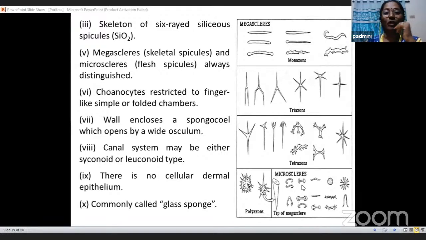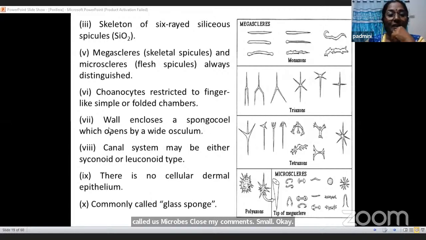Micro means small. The wall encloses a spongiocele, which opens by a wide osculum. And the canal system can be either Zygote or leuconoid type. No dermal epithelium, and commonly called glass sponge.